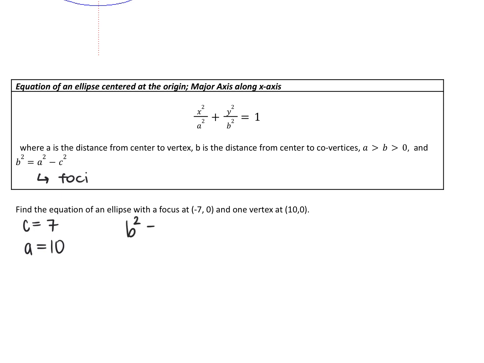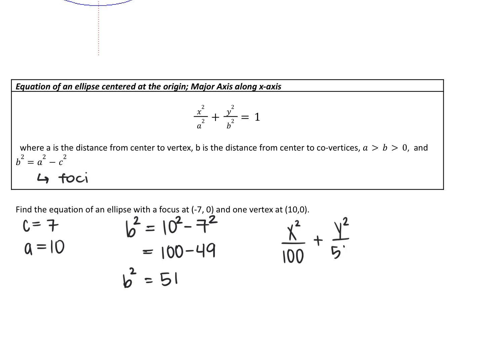So b squared equals 10 squared minus 7 squared. That's going to be 100 minus 49, which means b squared is 51. I don't actually have to find b because I'm writing the equation, and the equation is in terms of b squared. So my equation is going to be x squared over 100, since 10 squared is 100, plus y squared over 51 equals 1.